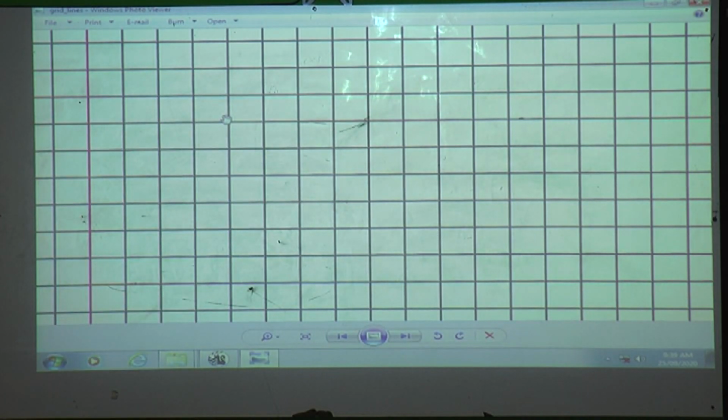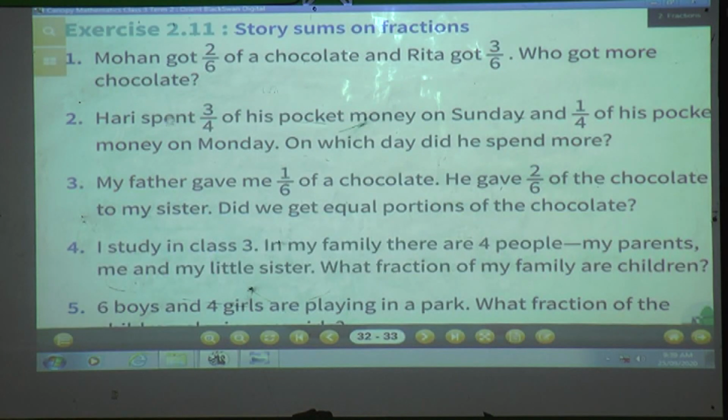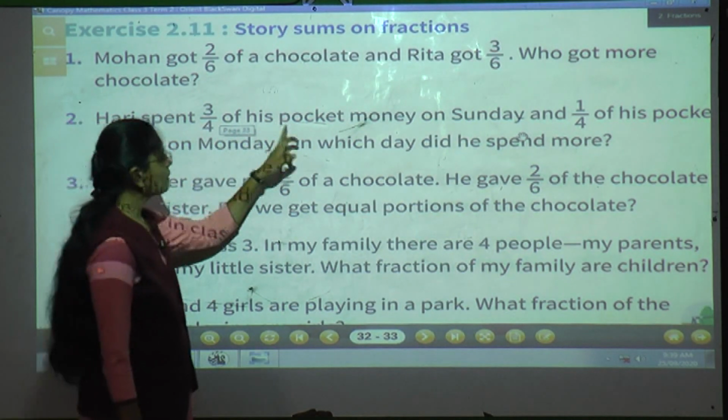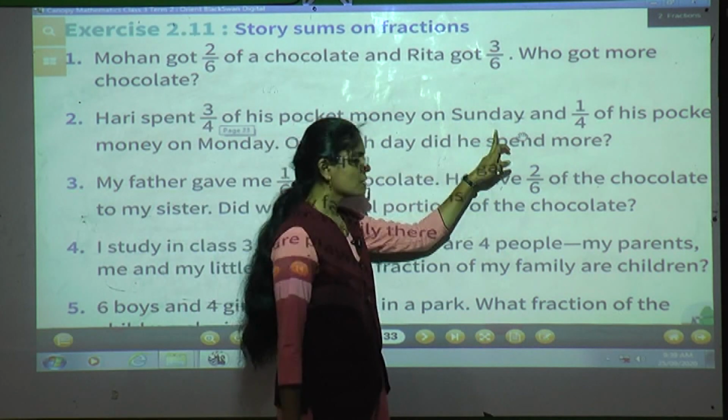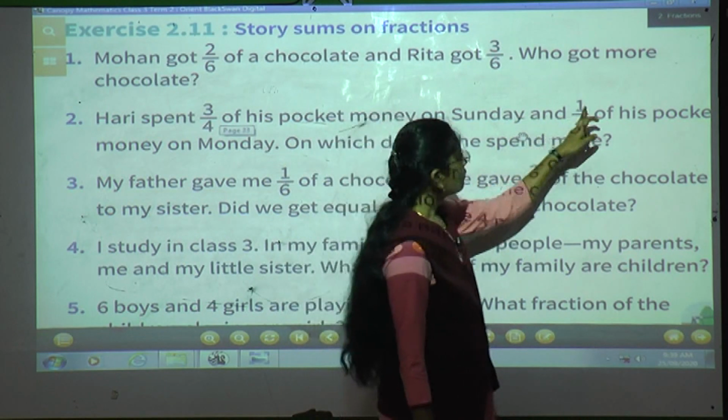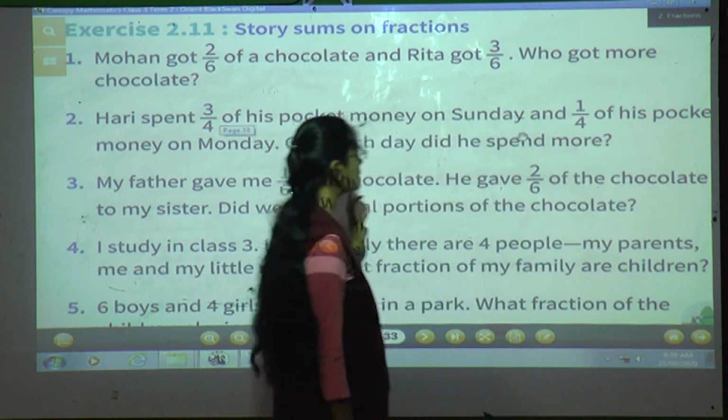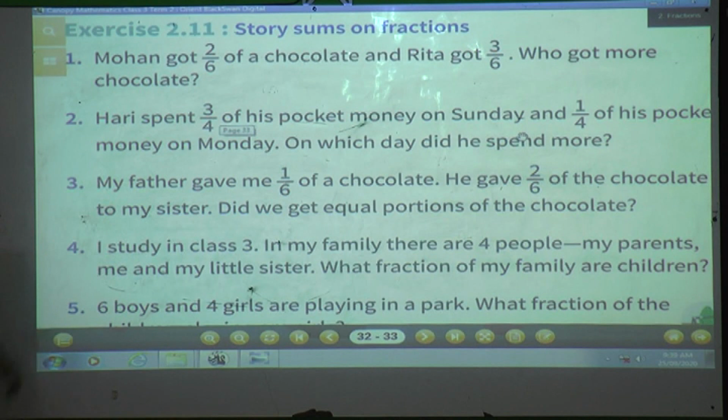Read the question number 2. Hari spent 3 by 4 of his pocket money on Sunday and 1 by 4 of his pocket money on Monday.